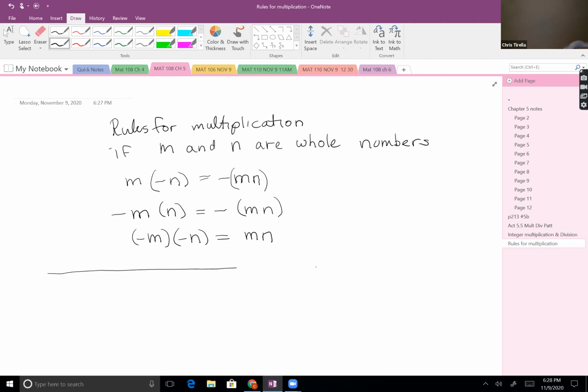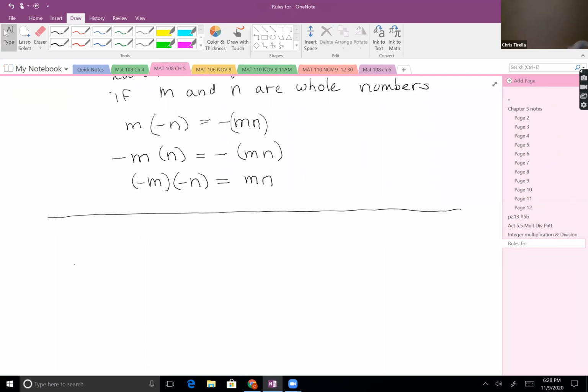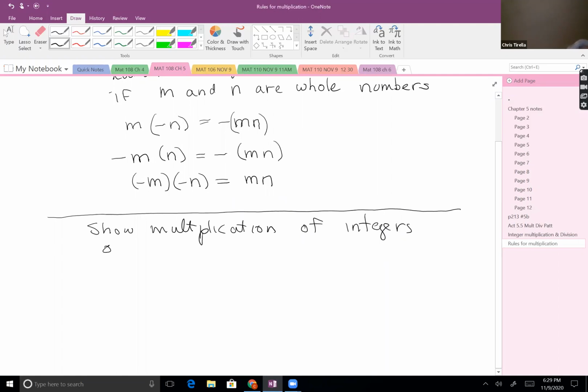And we show these with counters. We should probably also be able to show that multiplication of integers on number lines, using the idea of repeated addition.